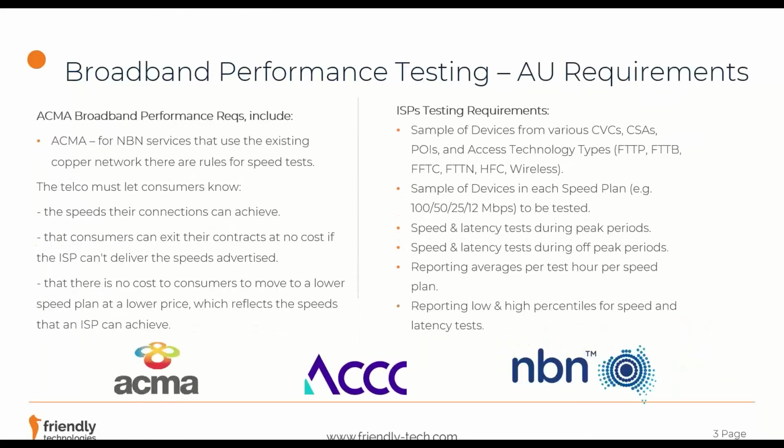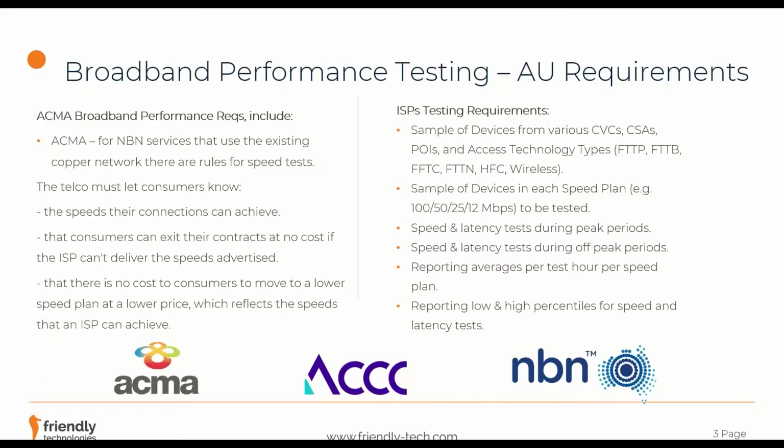So Australia, obviously with the NBN rollout, had some specific requirements, and in particular, all service providers providing NBN wholesale services to retail customers, the Australian ISPs need to comply to a set of frameworks.